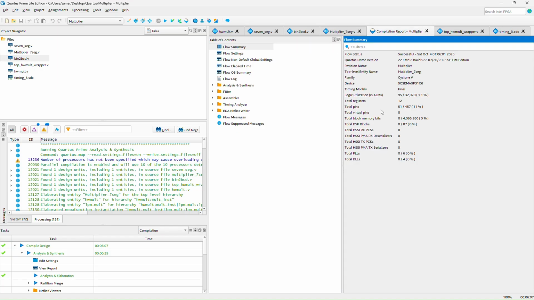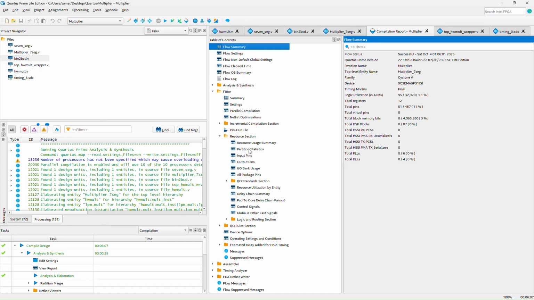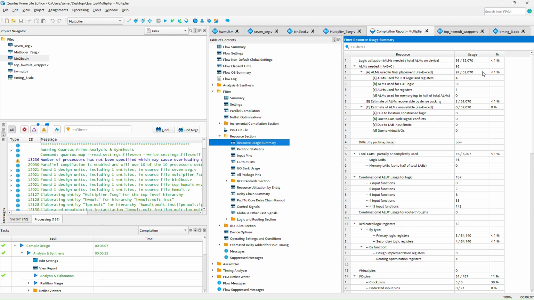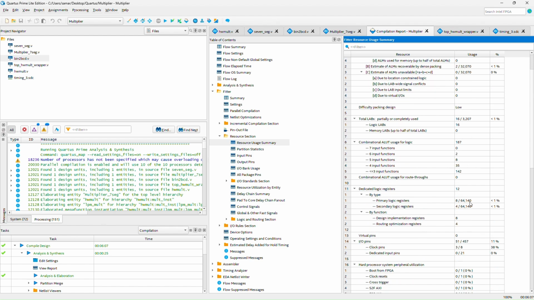I've already gone ahead and compiled this program. Let us see the resources being used here. As you can see, the ALM count reports 97. Having done the packaging, you could save two of those ALMs by tightly packing it together, or after many optimizations, so it would be 95, and the number of ALUTs being used is 187.